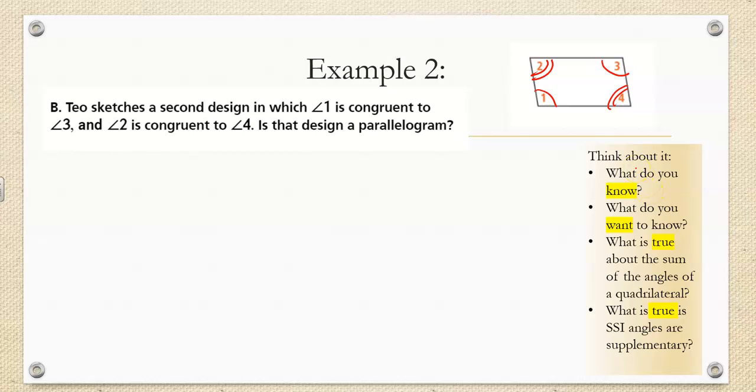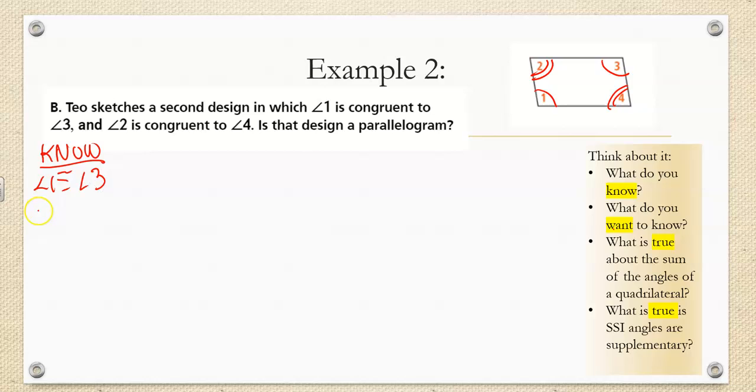Here's a strategy. Some call it KWS, where S is strategies, but I was thinking with geometry, I'm always writing out what's true, what's true, what's true. In other words, theorems that we know or other things that we've learned along the way. So I would want to write out here everything I know, and I have it in my diagram, but I'm just going to go angle 1 is congruent to angle 3.